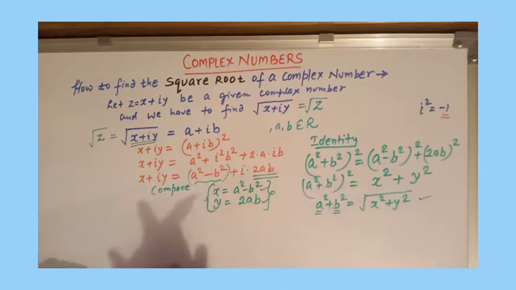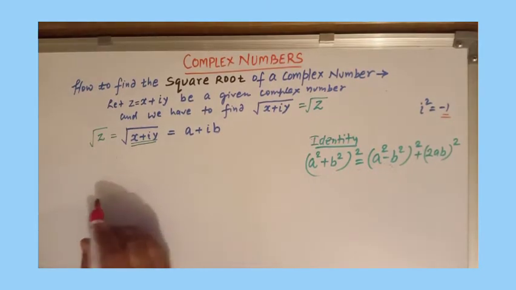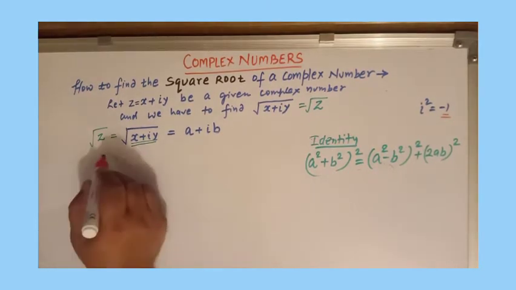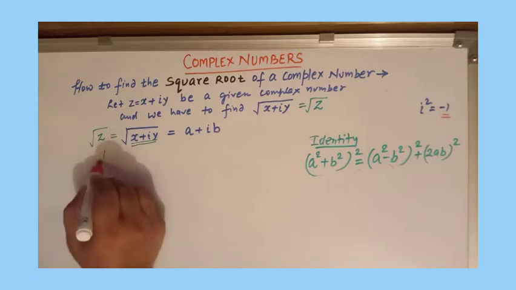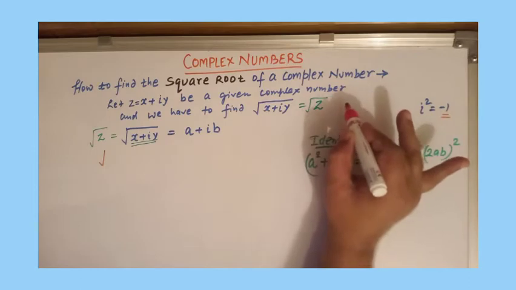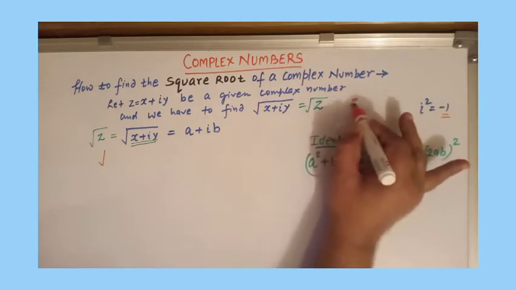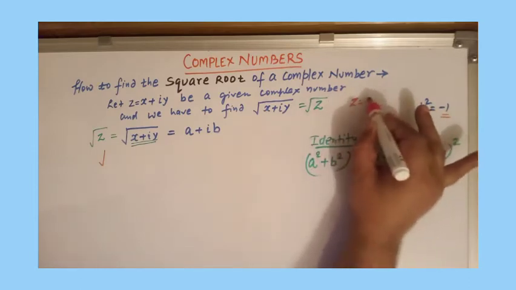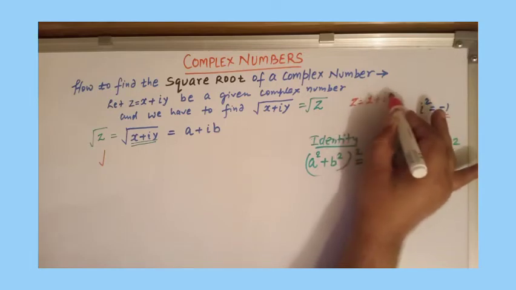Clear? Now I am taking one example to illustrate this method. Fine. Now viewers, let us find the square root of 2 plus iota 3. That is, we have to find the square root of 2 plus iota 3.